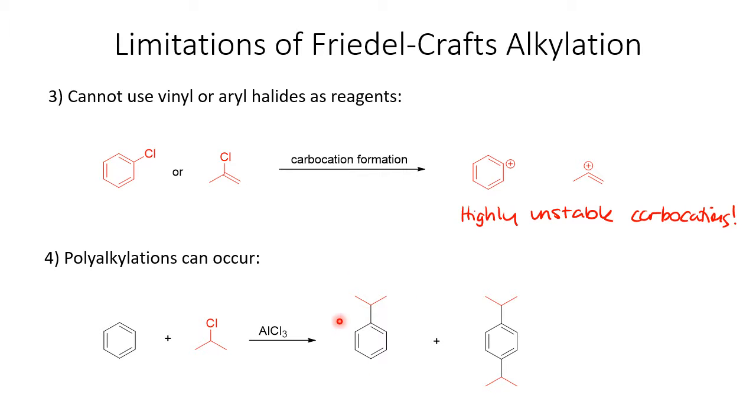So once we form our initial alkylated benzene ring, these pi electrons actually want to react even faster than a normal benzene ring. And so they will continue to react with whatever carbocations are in the solution. As a result, you can get benzene rings with multiple alkyl groups attached. Again, we'll refer to this in our next video, but it has to do with the fact that alkyl groups are slightly activating.